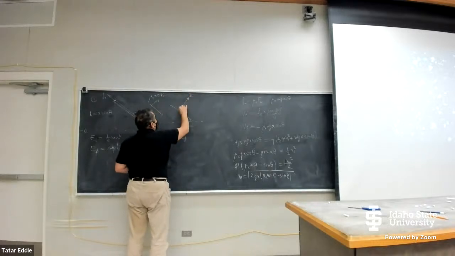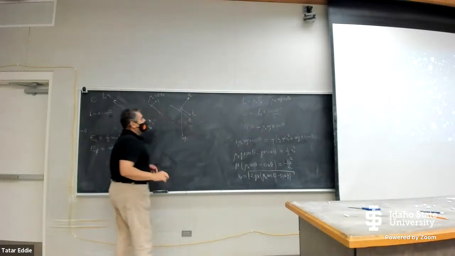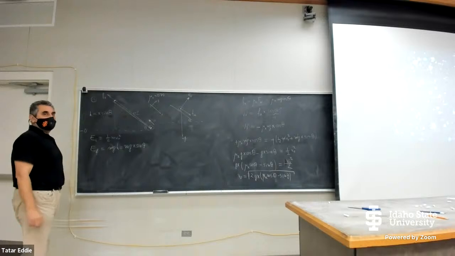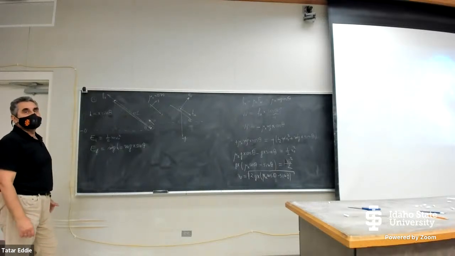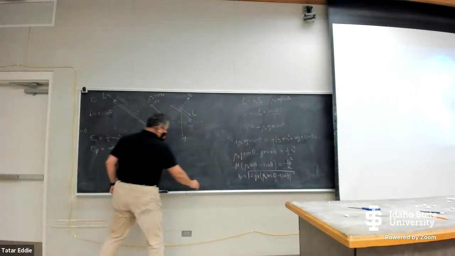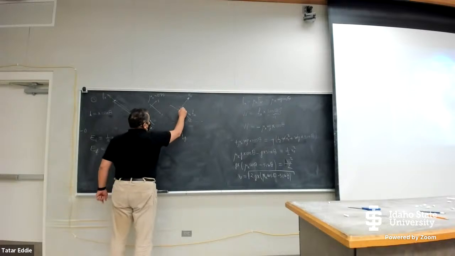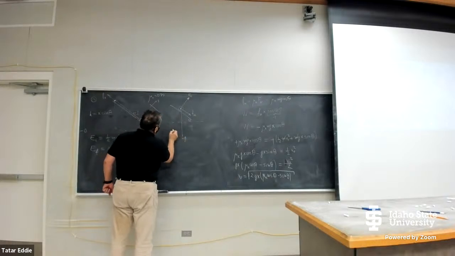Now the friction force is going to be this way. The friction force is stopping the truck. And again, you decompose the weight into a component that is perpendicular to the surface and one parallel to the surface. Here are the two components of the weight.